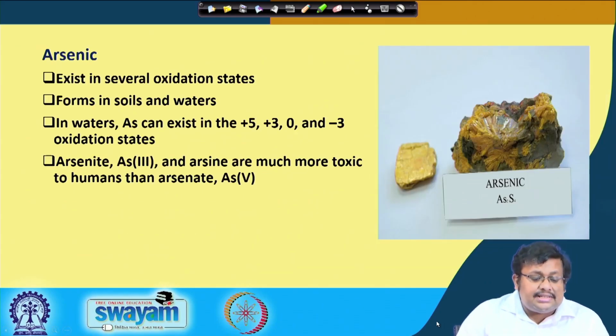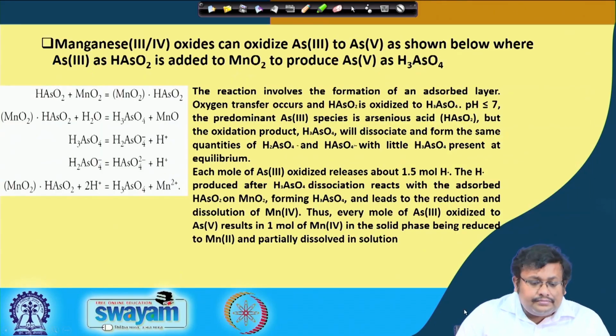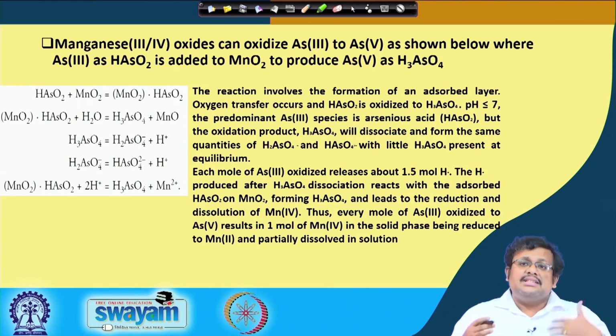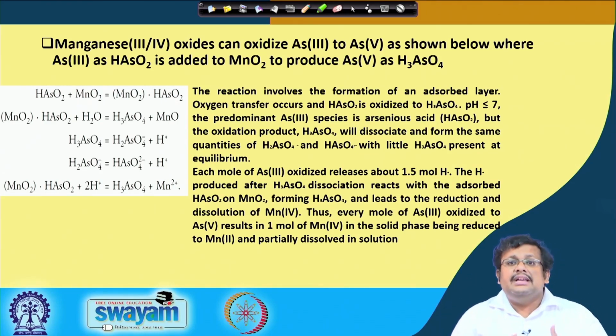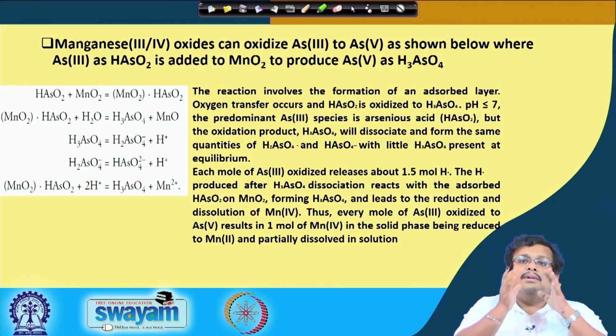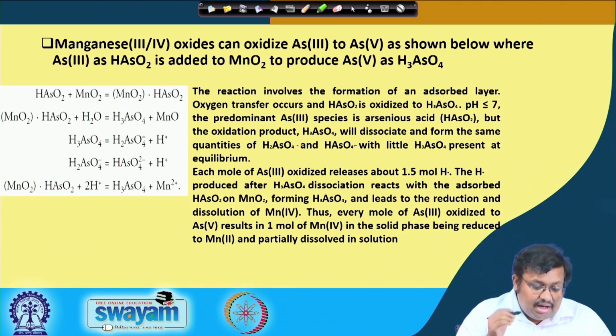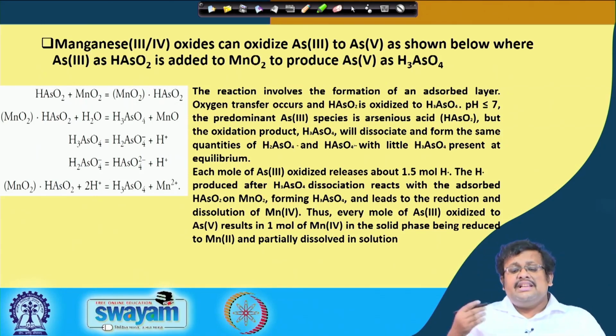Also similar in the case of arsenic, arsenite can be oxidized to arsenate, which is As5. So, this arsenite can be converted to arsenate by a set of reactions, and these reactions have been defined here, ultimately producing arsenic with a 5 oxidation number from arsenic with a 3 oxidation number. This reaction involves the formation of an adsorbed layer.